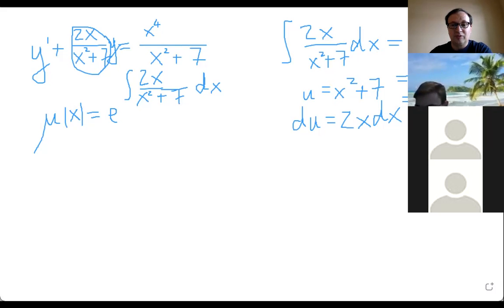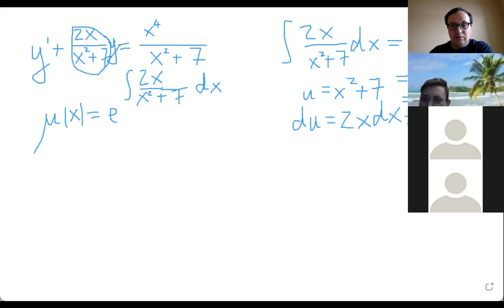But x squared plus 7 is positive for any real number, so we end up with just natural log of x squared plus 7 plus the same constant.